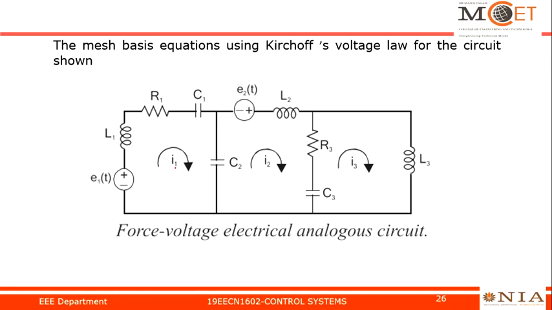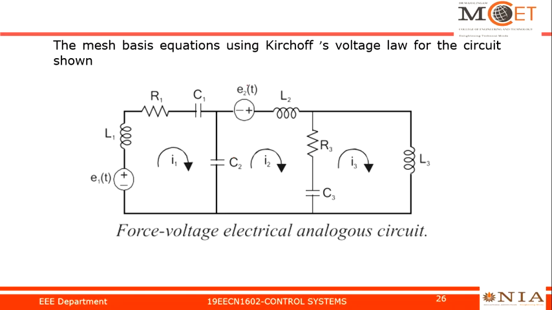The first mesh will have I1 and L1, R1, C1, and for F1 of t I have E1 of t. This L1 is the M1, this R1 is the B1, this C1 is the K1, and between mesh 1 and 2 there is a common element, K2, that becomes C2 here.